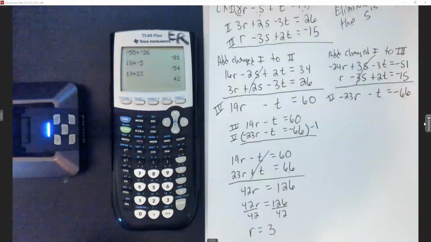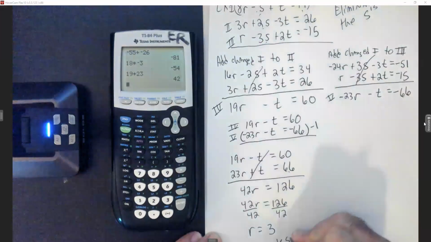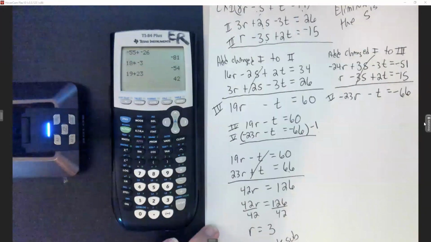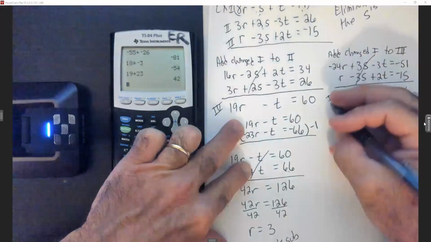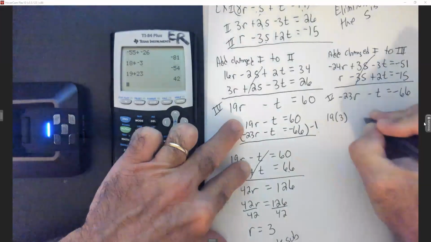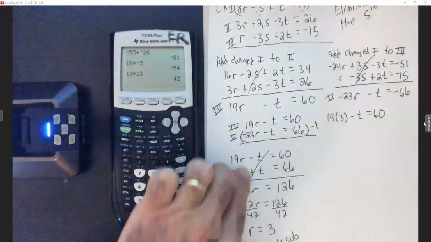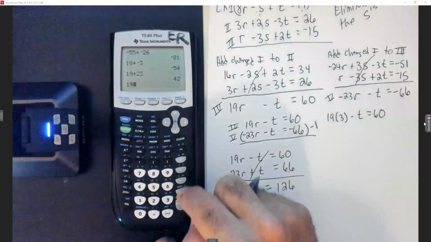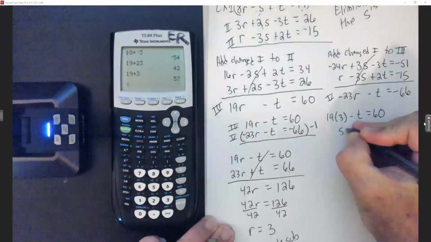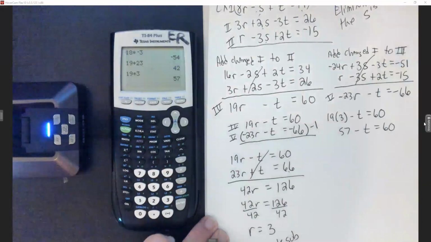We can now back substitute. So I got to go to one of my two equations here. So y'all, I'll just use that top one. I got 19 times r, which is 3, minus a t has to equal 60. Now let's see, 19 times 3 is 57, minus t equals 60.